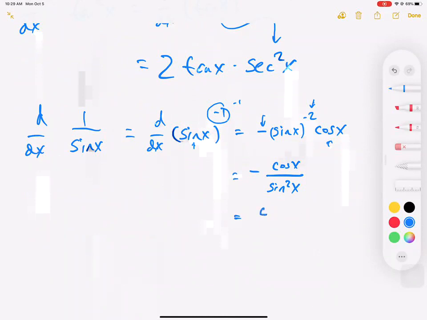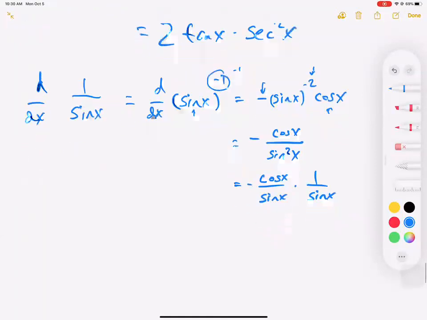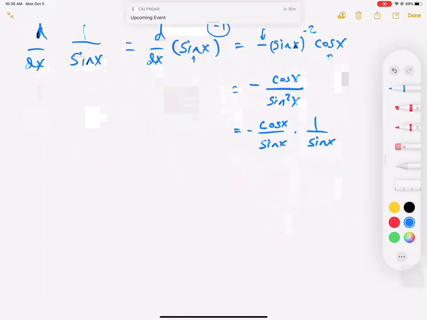This is really negative cosine of x over sine x times 1 over sine of x, isn't it? Are you guys okay with me splitting that fraction? Cosine over sine, that's really cotangent of x. 1 over sine is really cosecant of x. And we can rewrite this as negative cosecant cotangent of x.